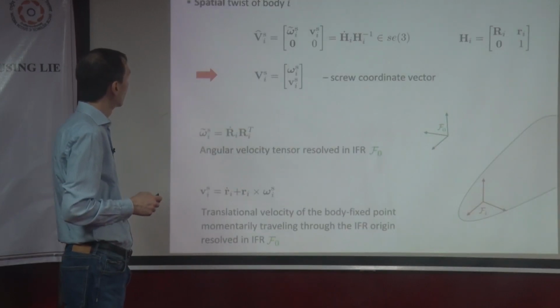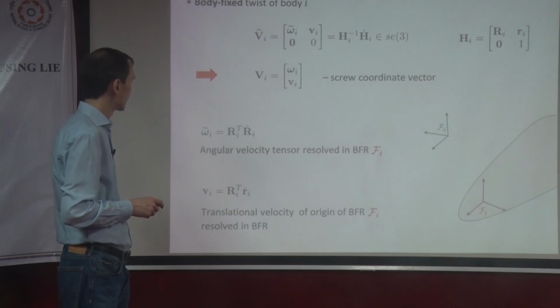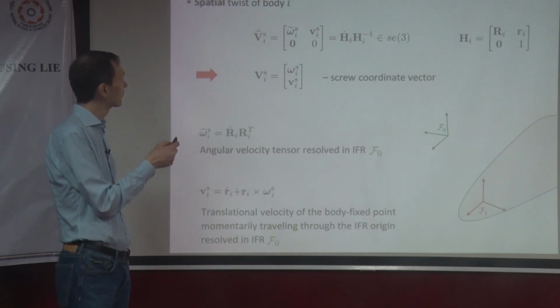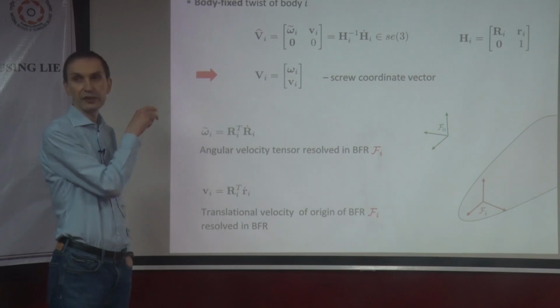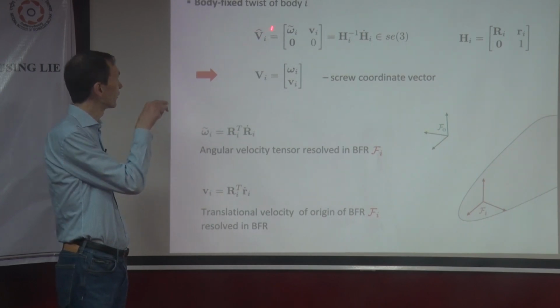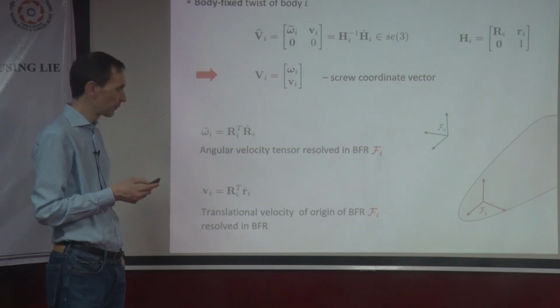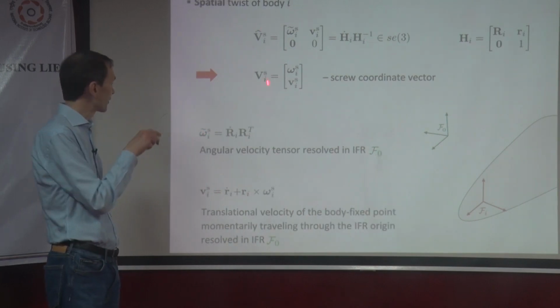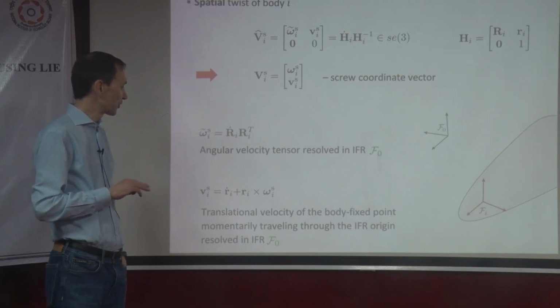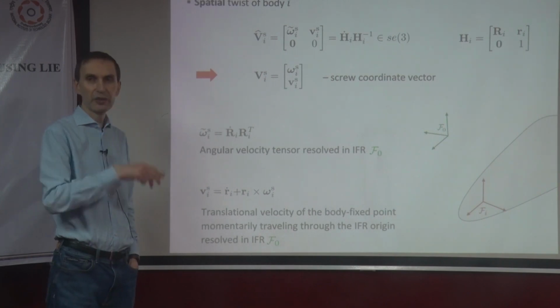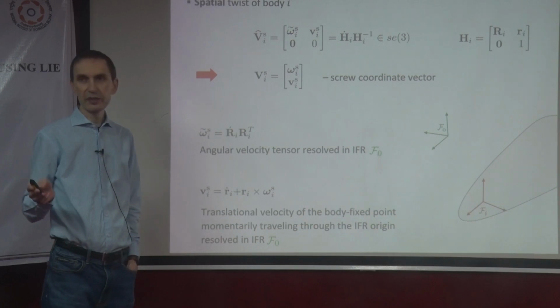No, I skipped it. In the literature, you find this with the B on top of it for the body fixed: VB and RB and omega B and little VB and so on. And this with the S. I always skip the B because otherwise we have so many indices and we're always using the body fixed version.